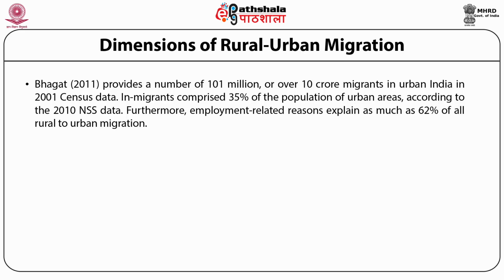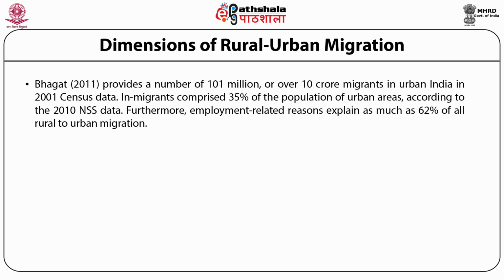Together with rural-urban reclassification, this accounted for 50% of urban population growth between 2001 and 2011. Overall, net rural to urban migration contributed almost 20.8% of urban growth between 1991 and 2001.